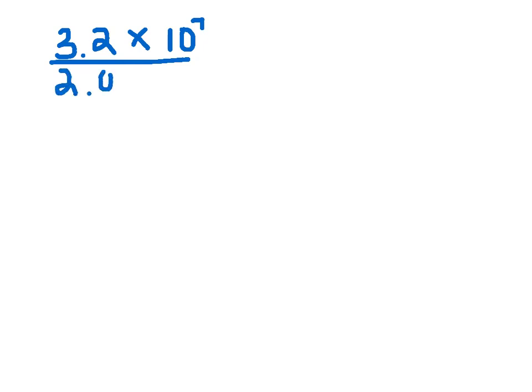If I say 3.2 times 10 to the 7th, divided by 2.0 times 10 to the 4th. Okay? I enter 3.2. EE means times 10 to the. So now I just have to write 7 because that's times 10 to the.